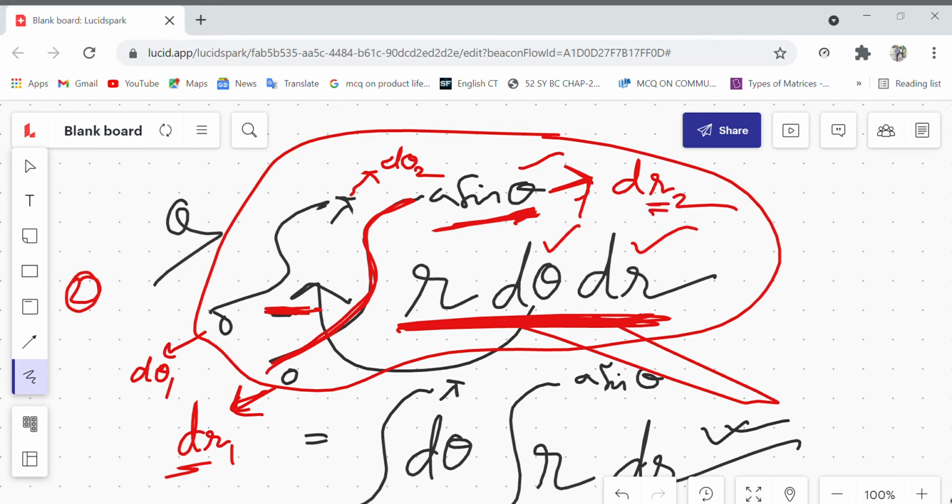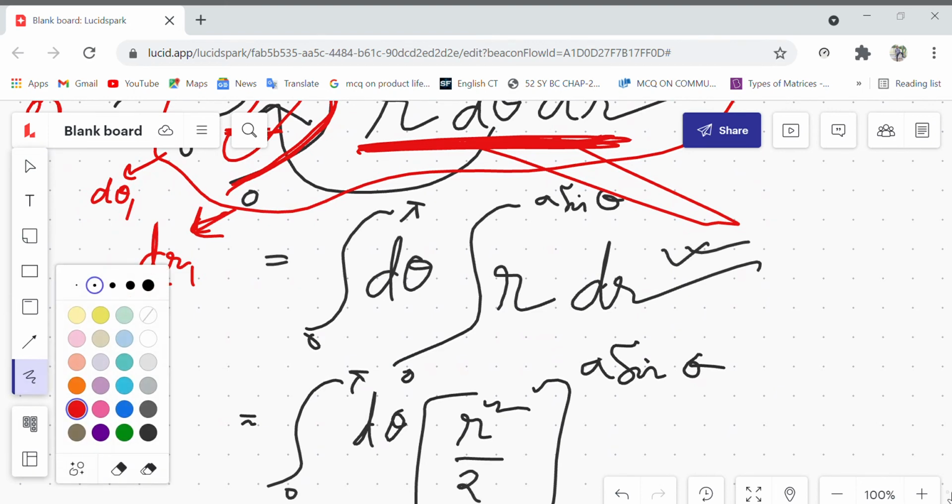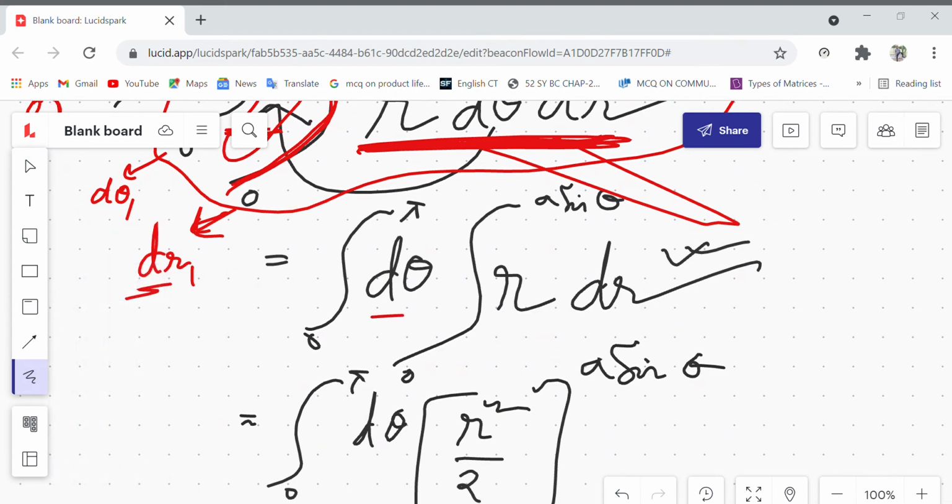And here you can use d theta 1 and d theta 2. Now, as this space has been occupied by d theta, here d theta is kept, and here you have r dr with the integration limits 0 and a sine theta.